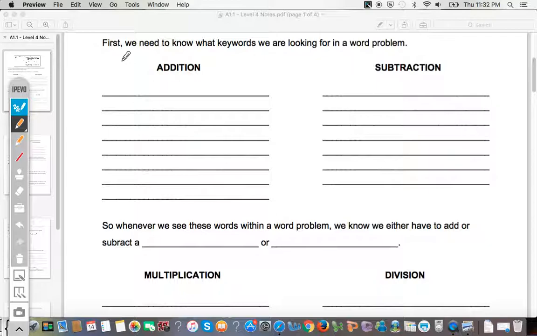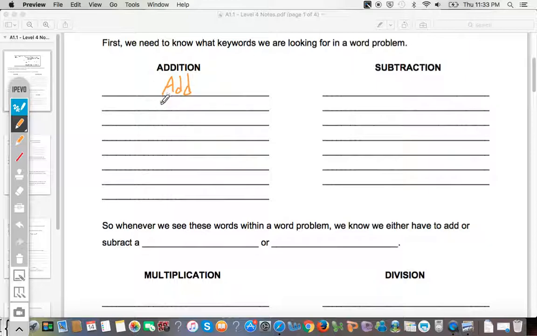When we see these words in a sentence or a paragraph, we know they go with the corresponding mathematical symbol. So when we list these words in this column, we know that we will have to add. Okay, let's start off with that one.